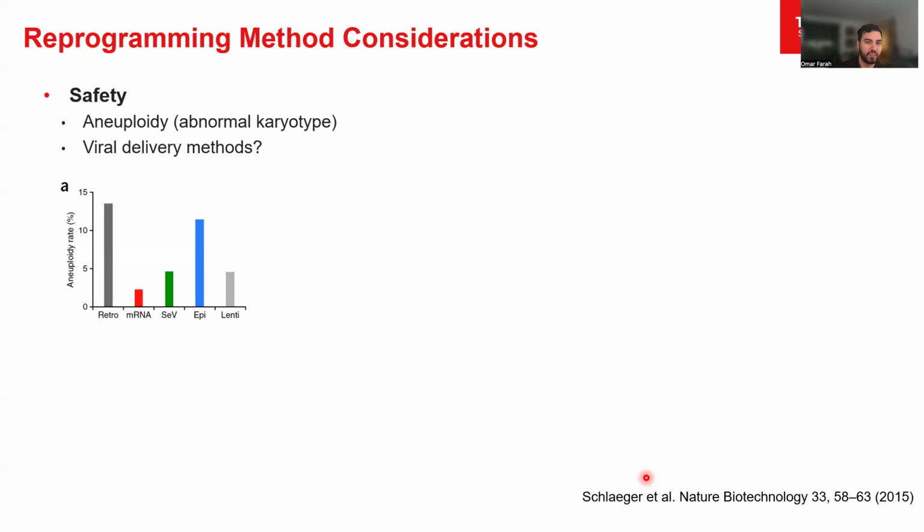So you'll see that, for example, retroviruses tend to have higher aneuploidy rates after reprogramming compared to mRNA or Sendai. On the episomal vectors, even though it's a little bit lower than the retro, and it is technically non-integrative, there's been slightly higher aneuploidy rates also noted with the use of episomal vectors specifically.